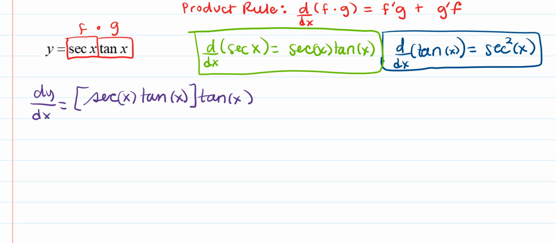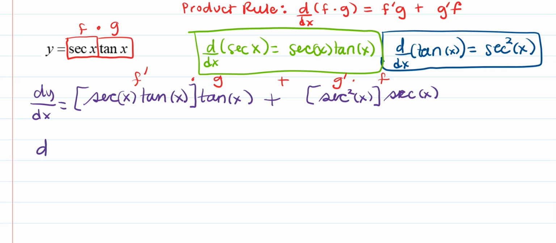Okay, so as you can see, this is the derivative of f multiplied to g, plus, now we need the derivative of g multiplied to the function f. So plus the derivative of g, which would be the derivative of tangent, is secant square of x multiplied by f, which is secant of x.